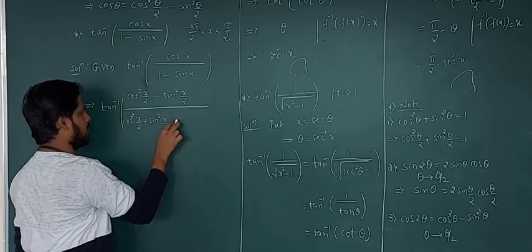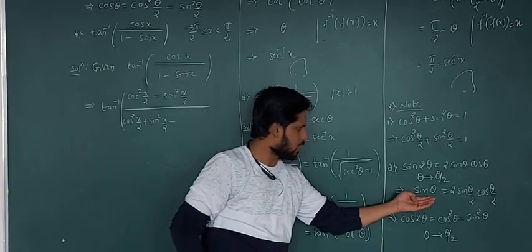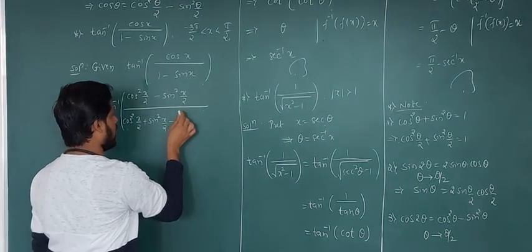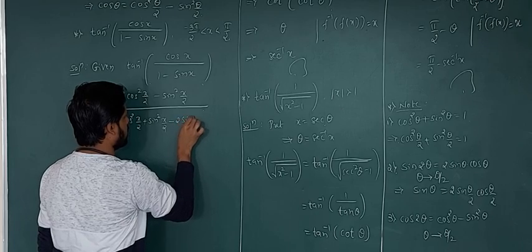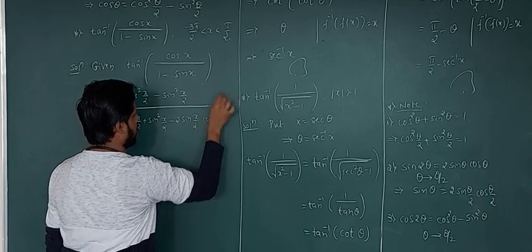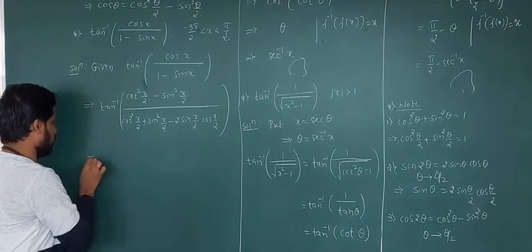Minus what is sin x? We know from the second formula that sin theta equals 2 sin theta by 2 into cos theta by 2. In place of theta we have x, so this becomes 2 sin x by 2 into cos x by 2. After substituting, we have to simplify this.